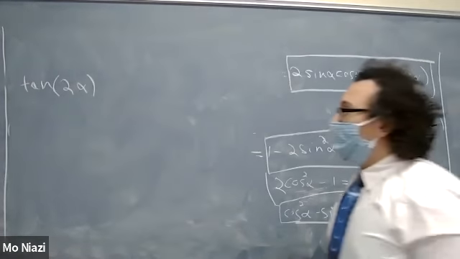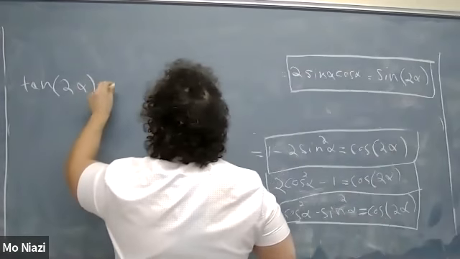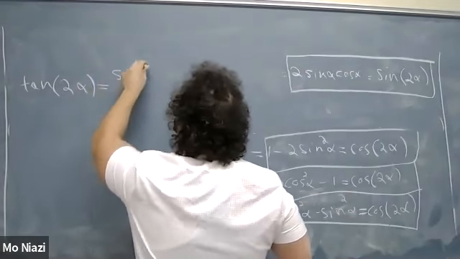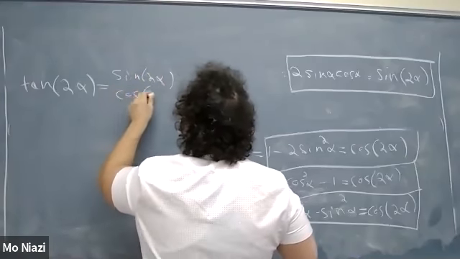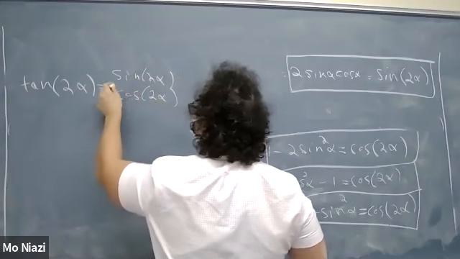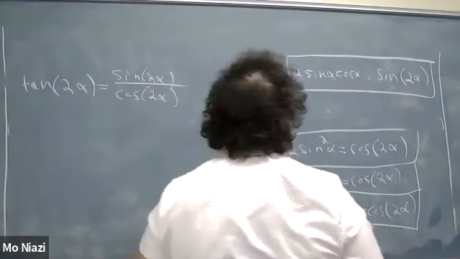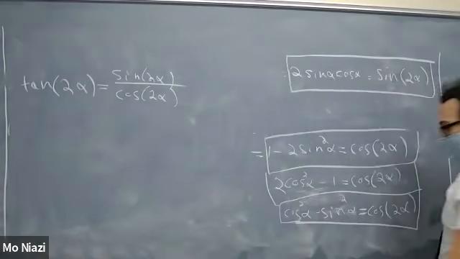What about the tangent of 2 alpha? Well, that's the sine of 2 alpha over the cosine of 2 alpha. So, we only have one choice for sine of 2 alpha.